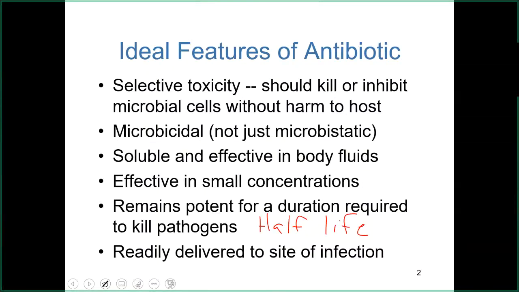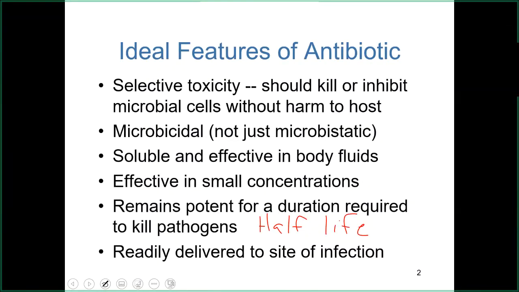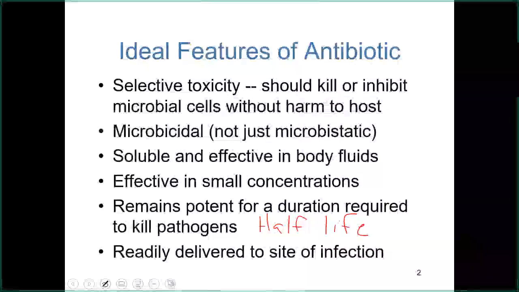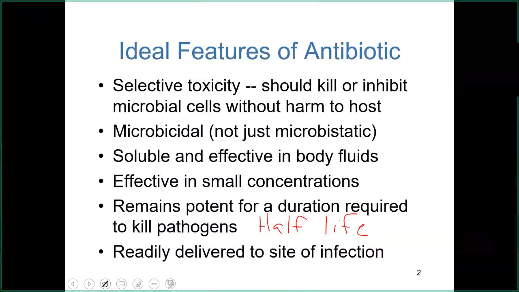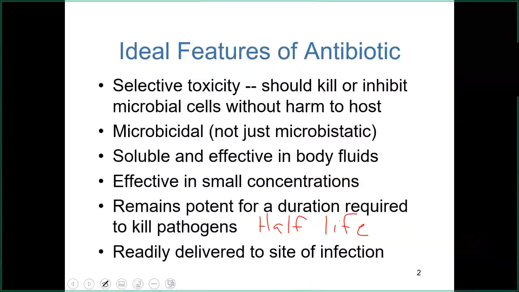So if a certain dosage is injected or ingested, a certain dosage is applied, the half-life would be the length of time that it would take for half of that to be basically diffused and made incapable of fighting infection.